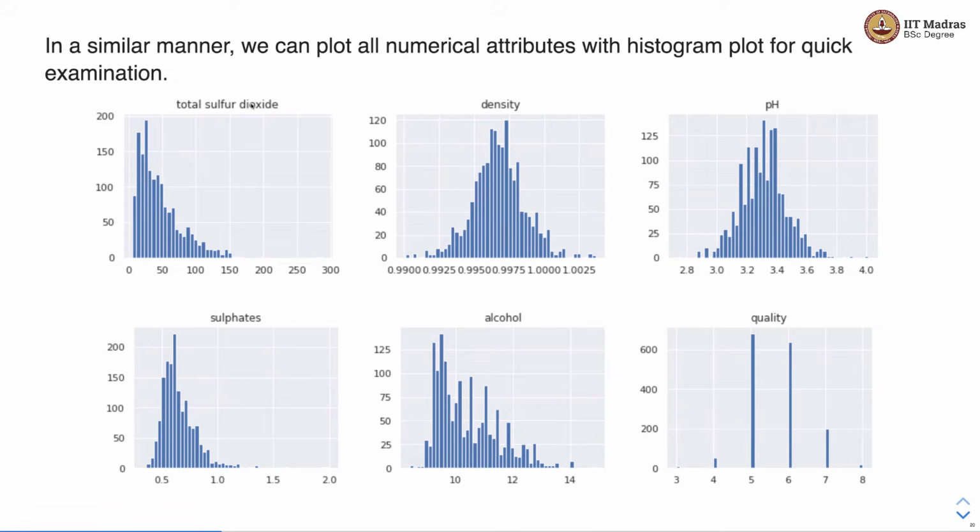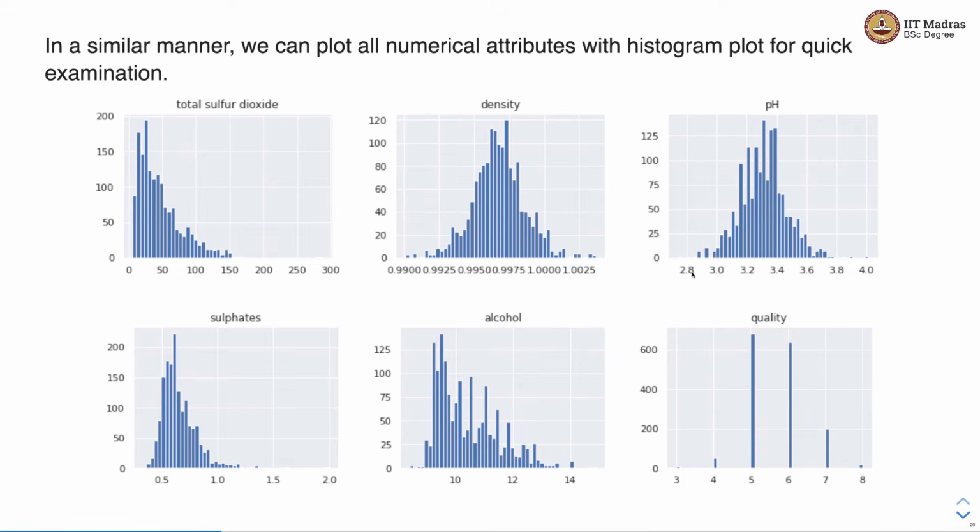So you can see that different properties or different features have different scales. Their values vary. For example, here the range of the total sulfur dioxide is between 0 to 300, whereas the density is between 0.99 and 1.